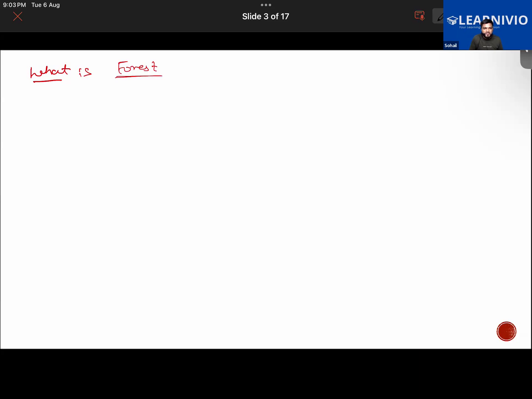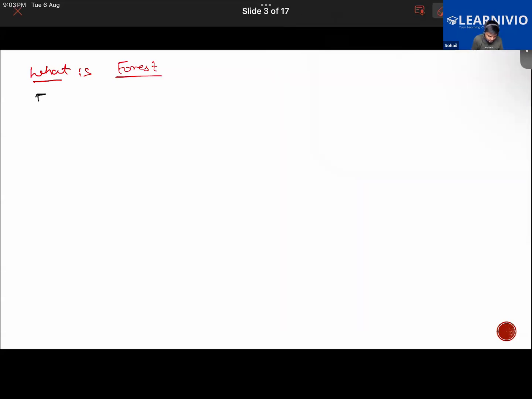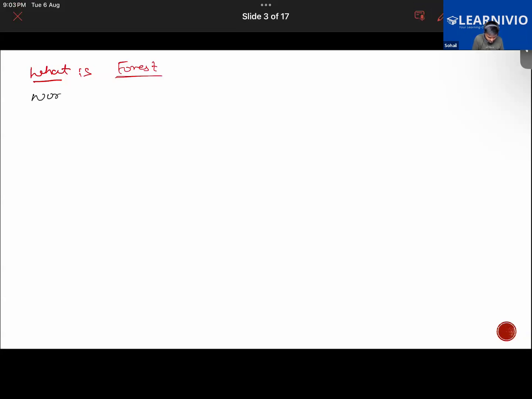So first of all, you need to understand that the word forest is derived from a Latin word. A forest can be defined as a region with a high density of trees.